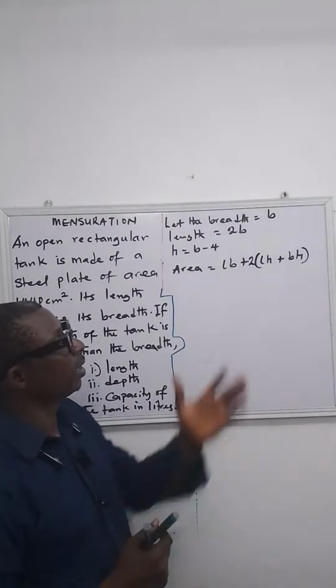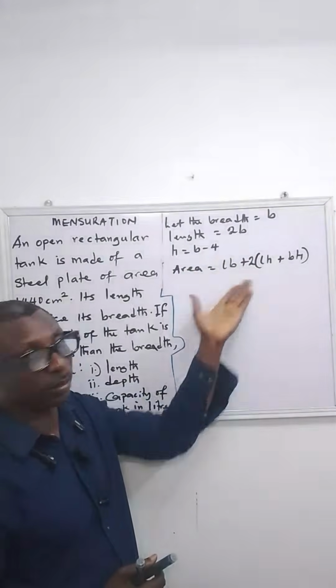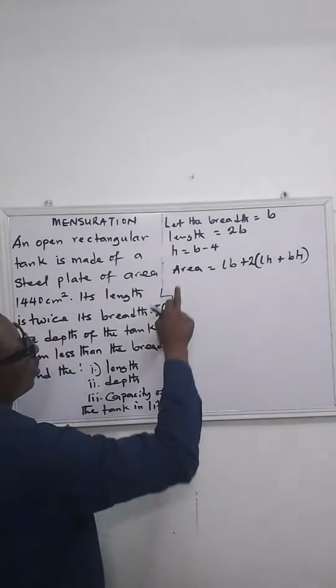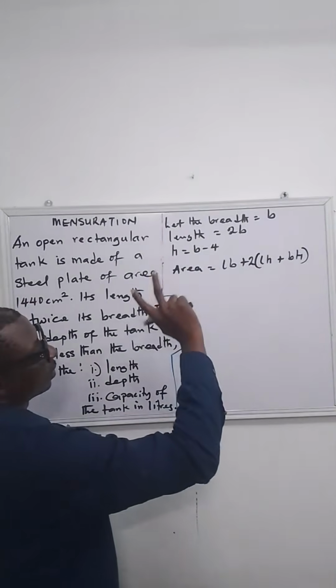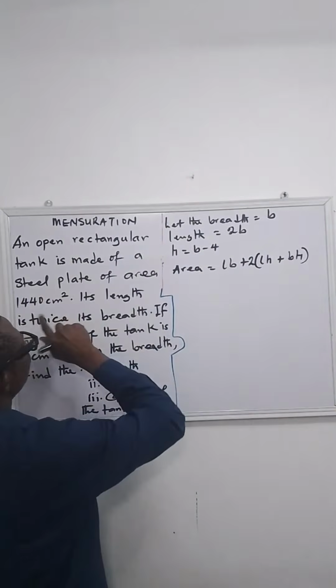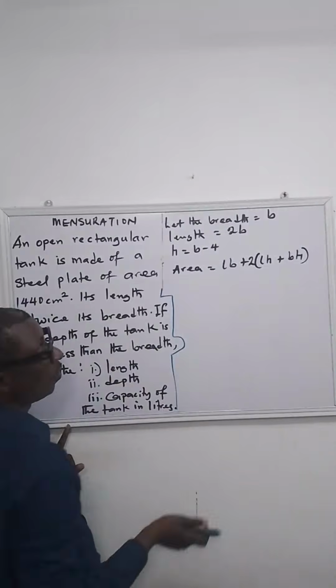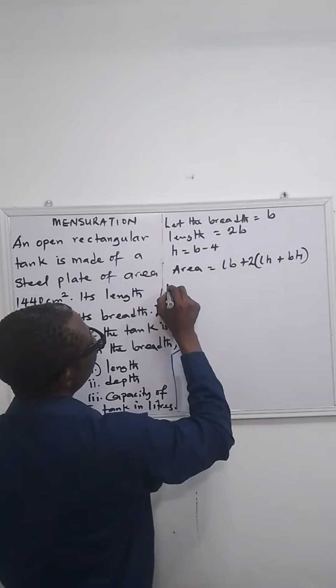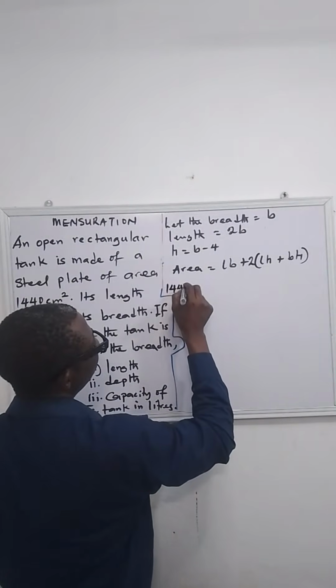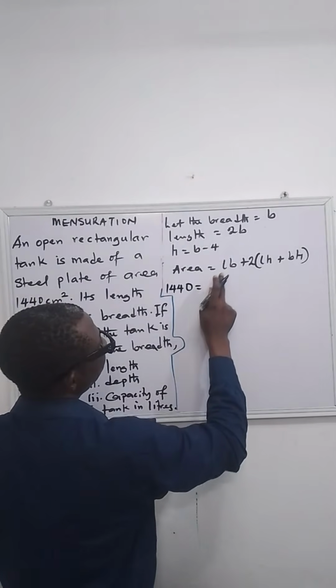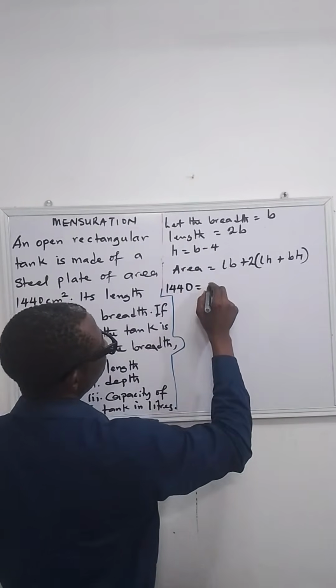Okay, so can we input these values here? We already have the area of the tank to be 1,440. So 1,440 is the area. The length is 2b.